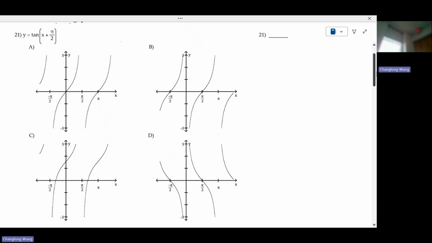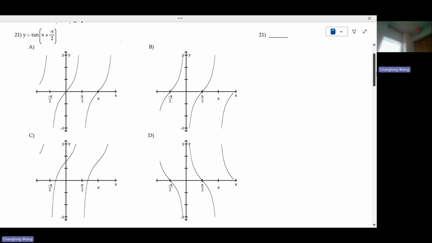The direction matters. You guys notice that it's pretty much just a phase shift, the horizontal shift. To what direction? To the left, okay? So do you see that the graph of letter A matches the standard graph of the tangent?